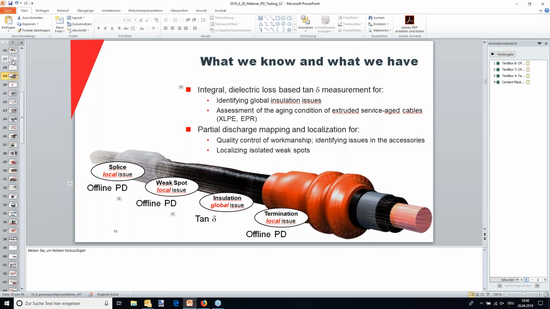Any solid, straightforward dielectric isolating material has an epsilon relative, a permittivity, a dielectric constant. That constant describes how the field lines behave compared to air or vacuum. Air has approximately 1. So if you have a material like XLPE and its permittivity is 2.3, that means the field lines are 2.3 times more intense than in air.